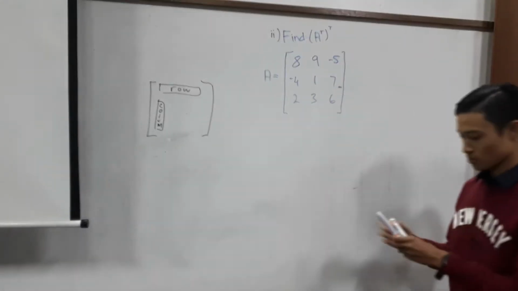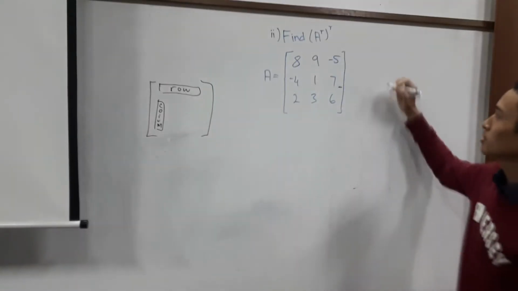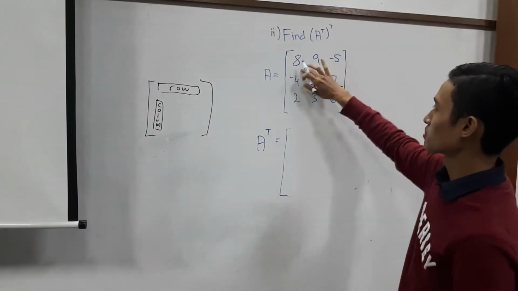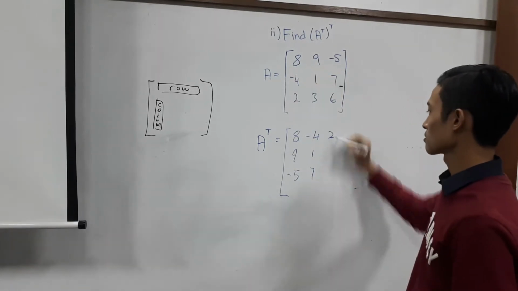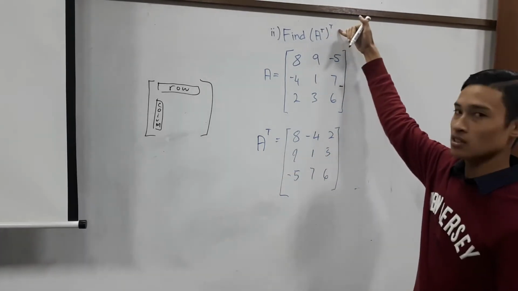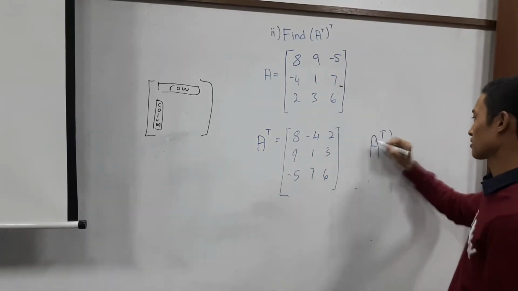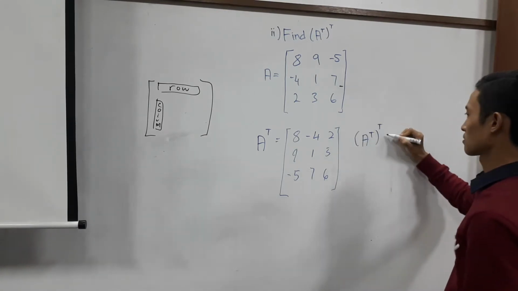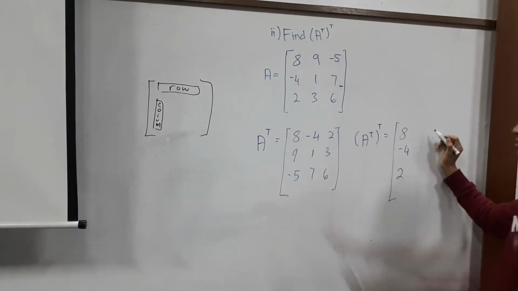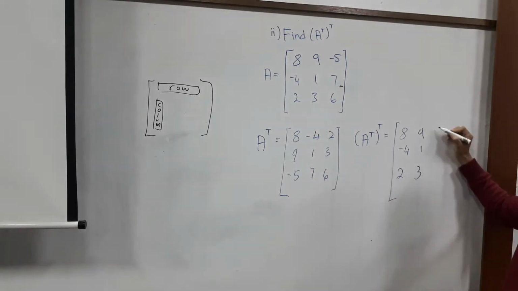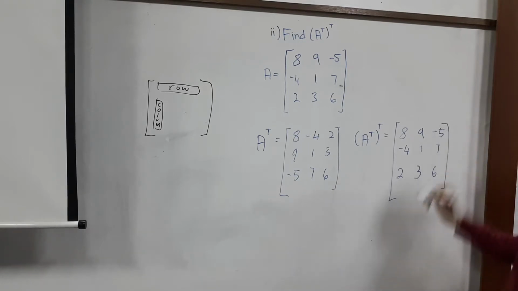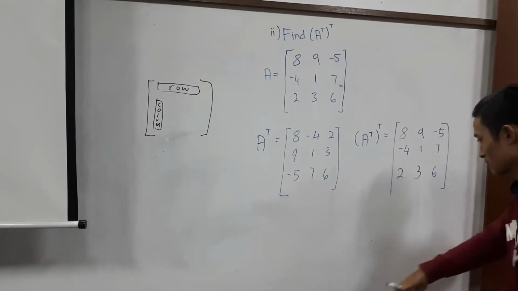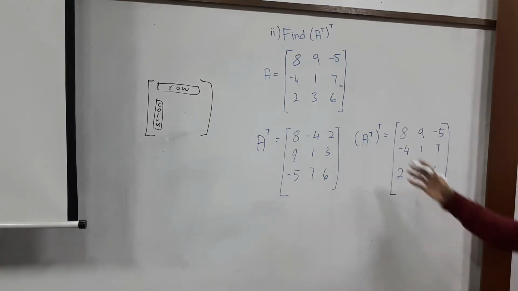So we do it step by step. Row 3 becomes column 3: 8, 5, 7, and 6. So we get the A transpose.